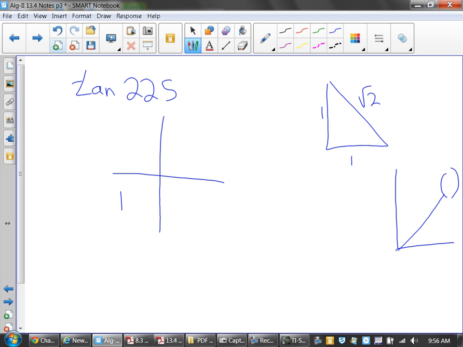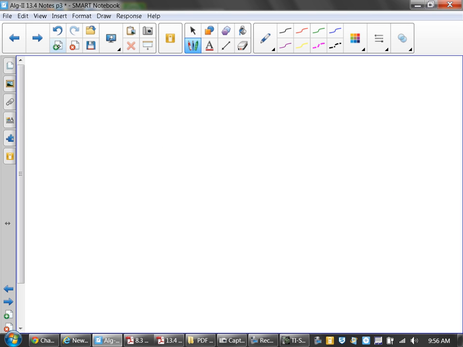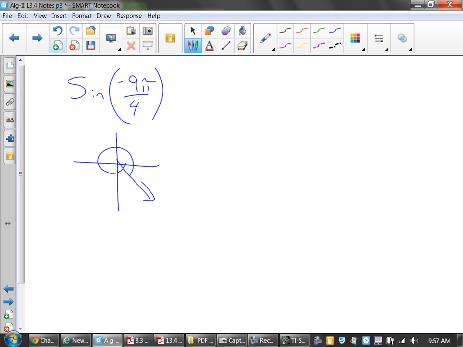And then sine of negative 9 pi over 4. Negative 9 pi over 4 spins you to which quadrant? Fourth again. Your reference angle is what? 45 again, so pi over 4.